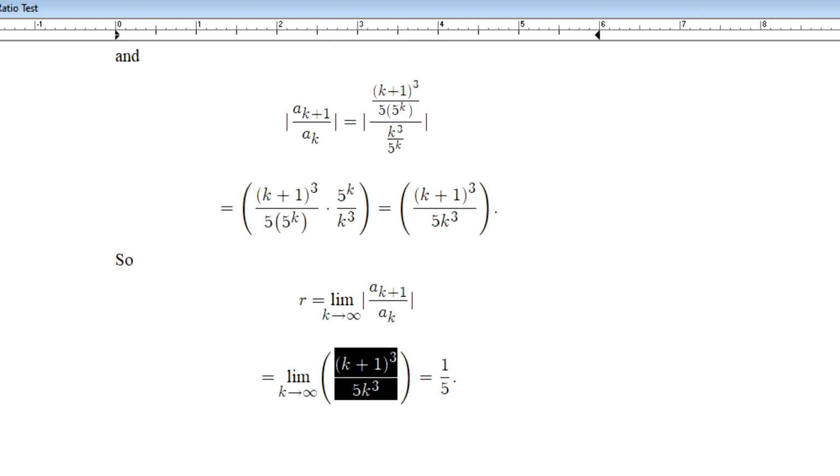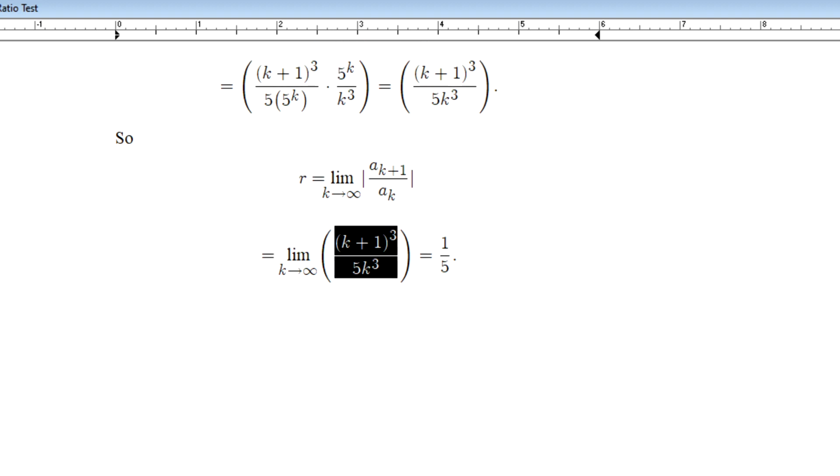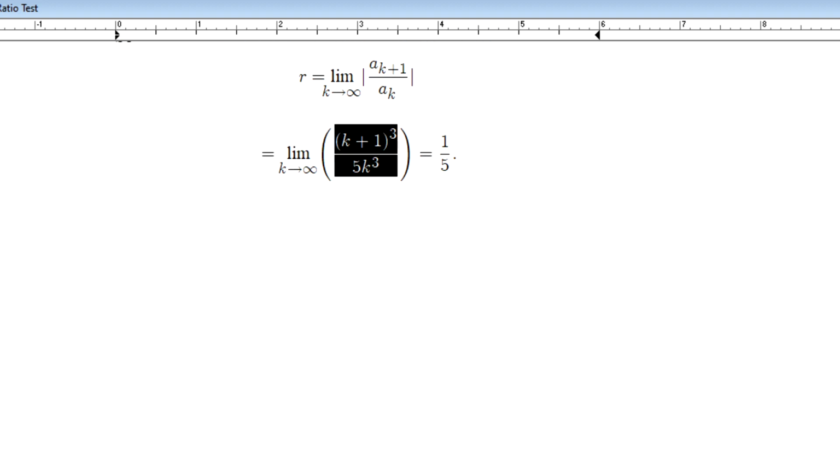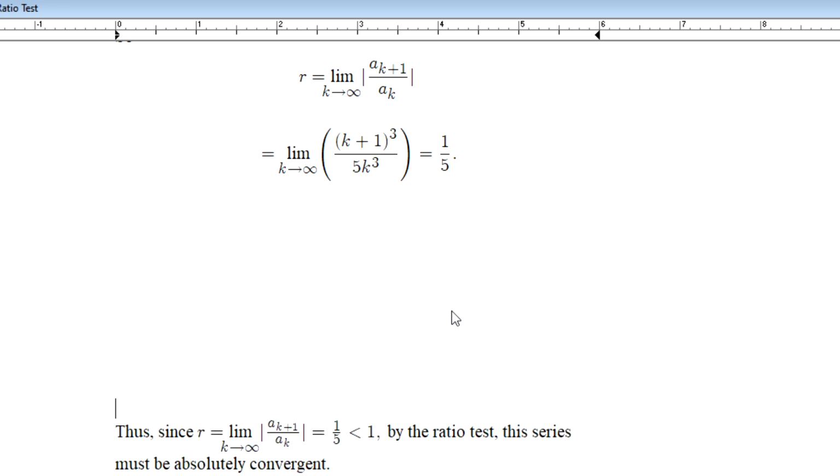Note, L'Hopital's Rule will also get you that result, folks. The issue with L'Hopital's is you would have to apply it for 3 iterations, and that can be a bit tedious. We're relying on our fundamental rules, which makes it a little nicer. So that's our value of r. And if we keep in mind, what does that tell us?